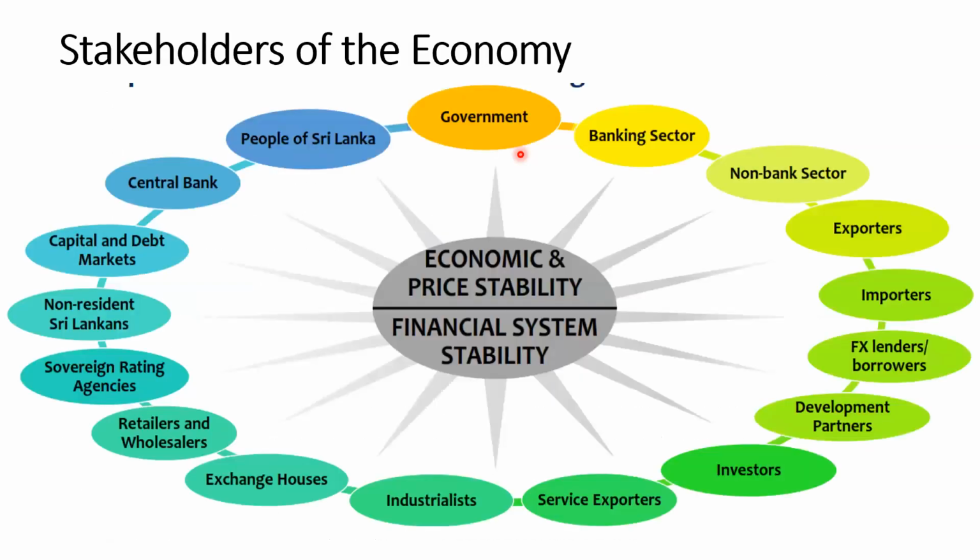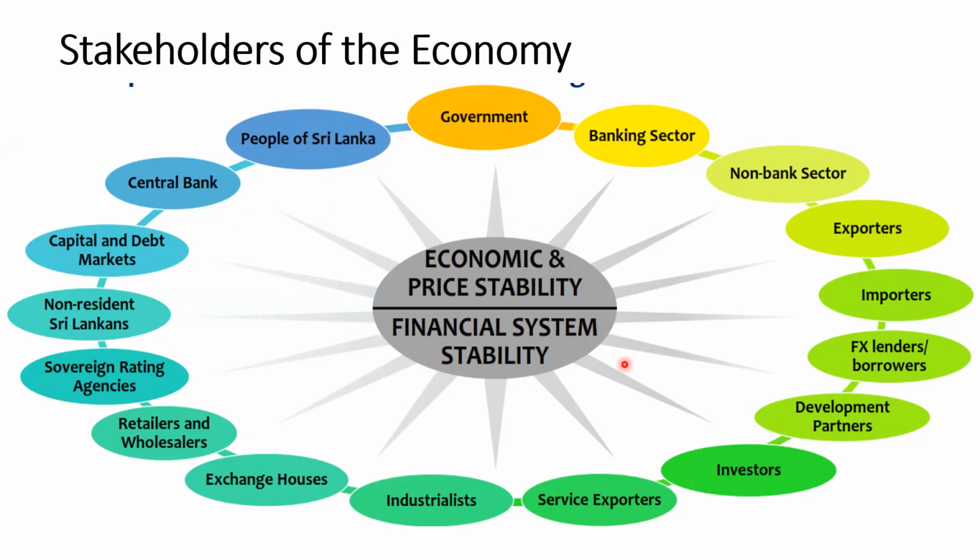Okay, now you can see the stakeholders of the economy. There are so many stakeholders: government, banking sector, non-banking sector, whoever you can imagine, they are the stakeholders in the economy. When you try to manage the economy, you have to see the impacts on each and every individual stakeholder.